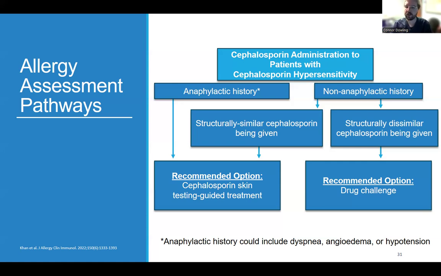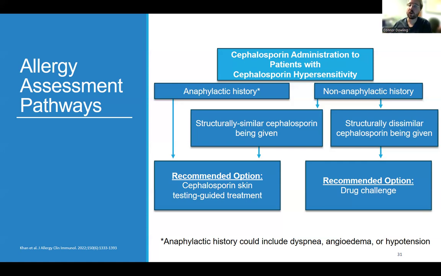So to start off going down our anaphylactic history, regardless of whether this is a structurally similar or dissimilar cephalosporin being given, we're really going to want to give a cephalosporin skin test to guide our treatment if there's a history of anaphylaxis. In these situations, we would try to avoid other cephalosporins and look to see if maybe someone has tolerated cephalosporins with a different side chain previously before we would consider giving a cephalosporin.